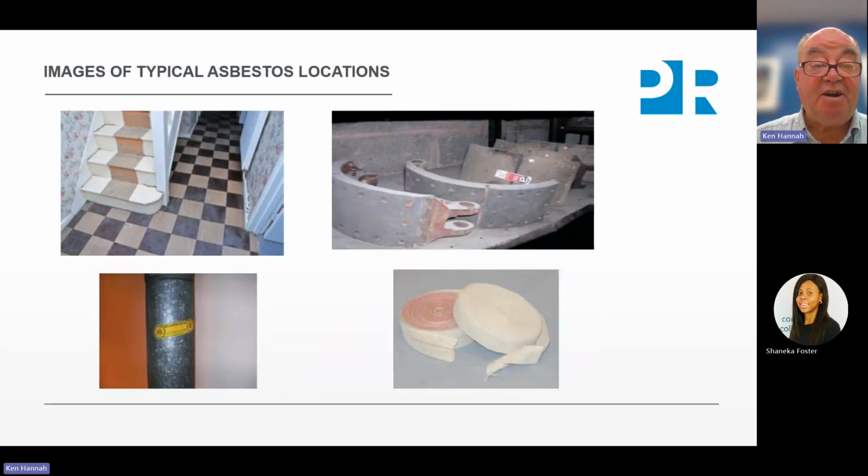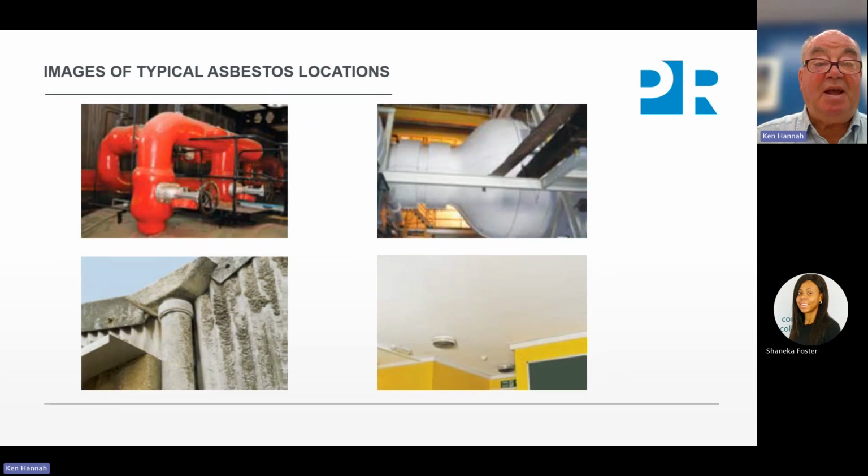Top left, here are the floor tiles, but it could also be in the stair treads. It could be in collars. Pipes can be made of lagging, and even insulating tape can be made of asbestos. And then we have boilers, flues, drainage pipes, and artex on ceilings.